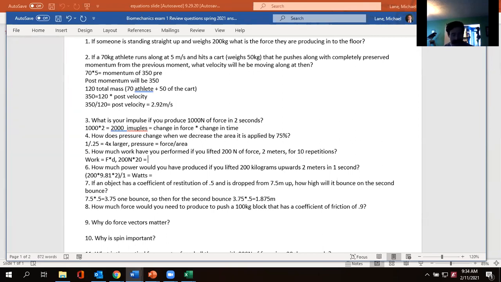So we're going to have a grand total of 4,000. I thought it would be 400 meters. 200 times 20. Oh, okay. Yeah, because notice it's 10 repetitions.